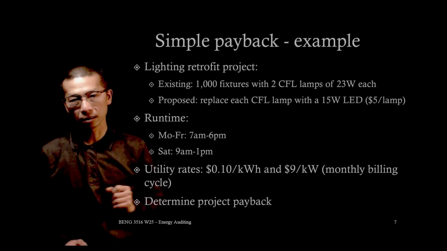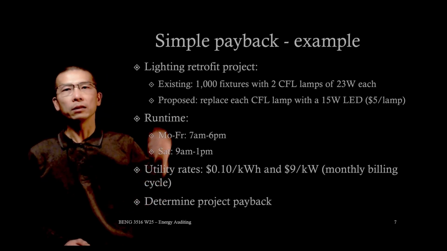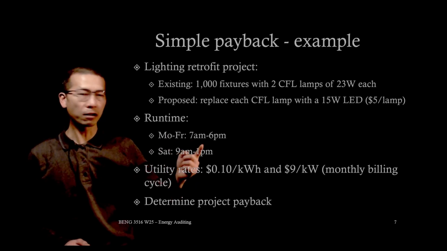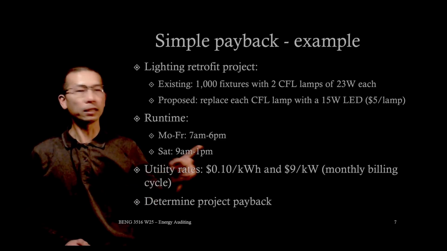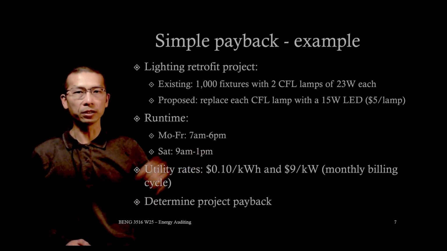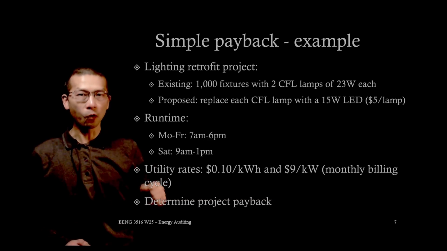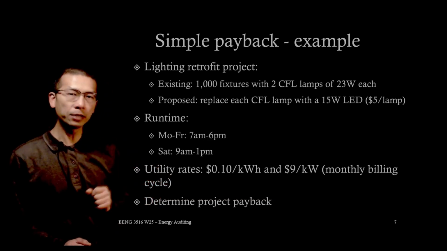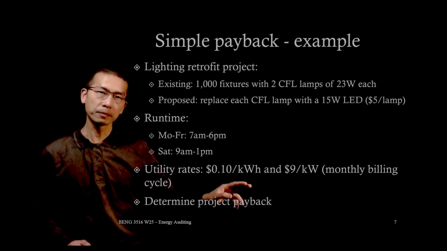So that's the cost. Runtime tells us how long the lighting system operates. Monday to Friday is 7 o'clock to 6 p.m., which is 11 hours during the weekday, and on Saturday 9 to 1, 4 hours, and nothing on Sunday. The utility rate is 10 cents per kilowatt hour used.